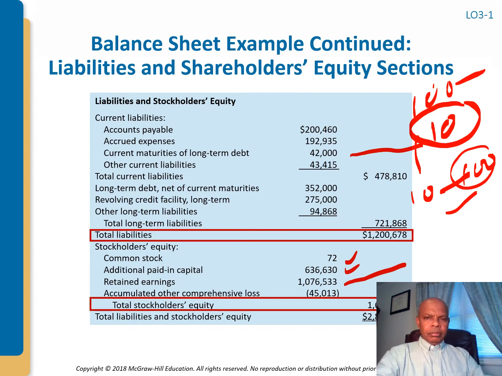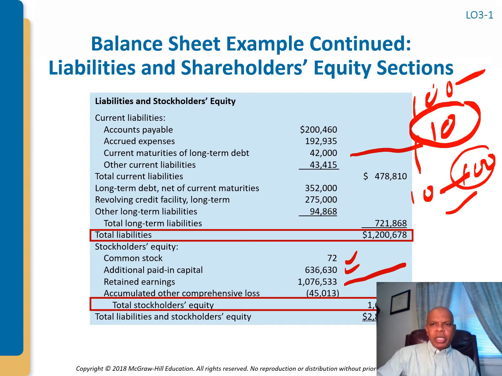So that gets accumulated over the years. Accumulated other comprehensive loss: we're going to look into that as well. Those are other items, not extraordinary, that we don't necessarily use to compute our net income or net loss. Okay. All right.